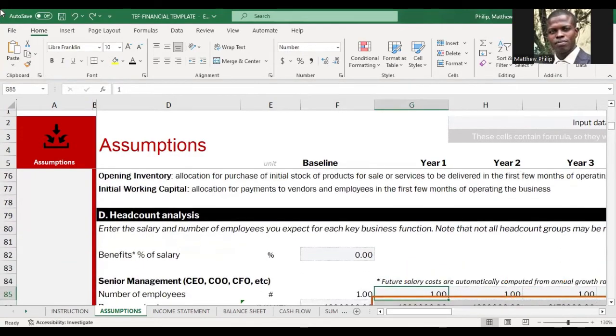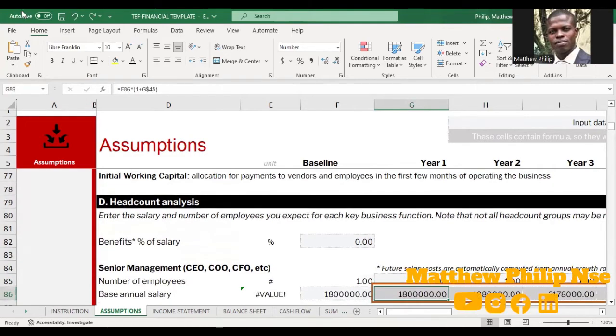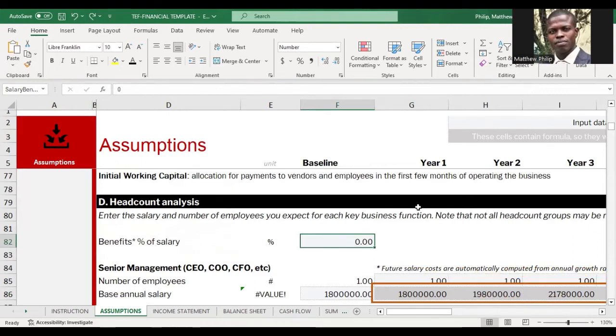For headcount, this has to do with your staffing. For the benefits percentage of salary, if you are paying any benefit on salary for staff, let's say housing, transportation, or every other benefit that you are giving to your staff, including that which is embedded in the salary, you need to state the percentage of such benefits.